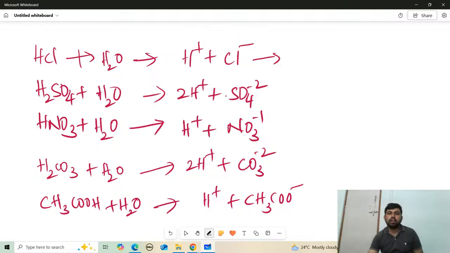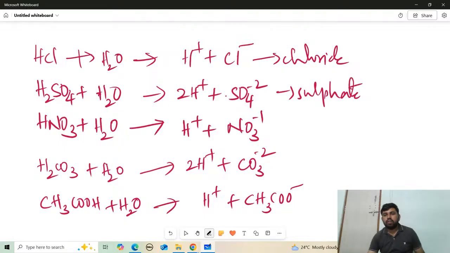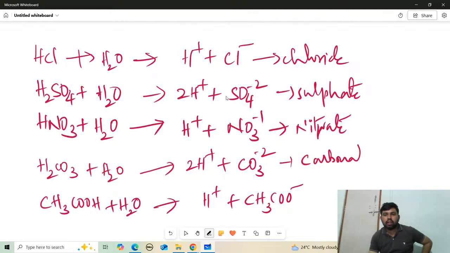This is called chloride ion. This is called sulfate ion. Sulfate means SO4; sulfite means SO3. This is called nitrate ion. This is called carbonate ion. This is acetate ion. So these are the different ions you should remember.